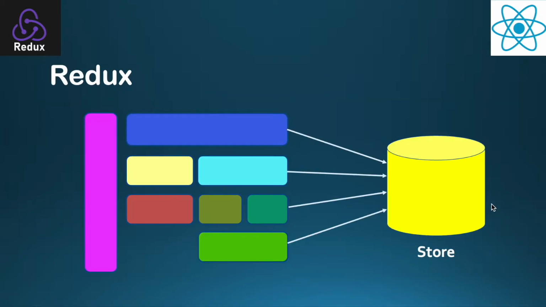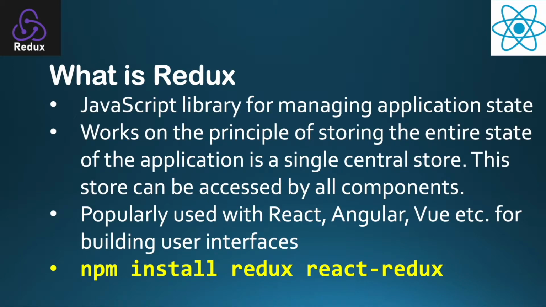So like we saw here, there is a single store where we are storing the state and all the components can then connect to this store and get what they want. It's popularly used with all the JavaScript libraries and frameworks like React, Angular, Vue, because Redux is a JavaScript library and it's very popular for building user interfaces.